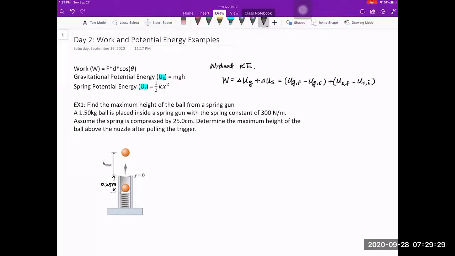Now we can mark the state before we write down the equation. The equation is there, so let's just mark down the state of the initial and the state of the final. When the ball is here, this is the initial state. When the ball reaches the maximum height, this is your final.